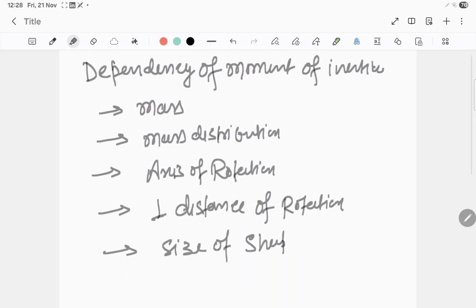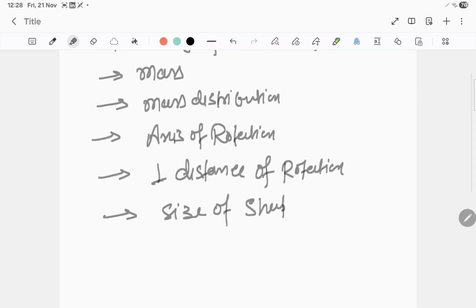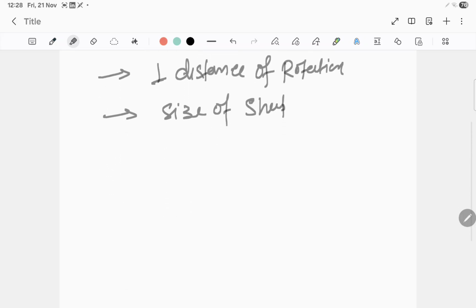Now we will define each term: how moment of inertia depends on mass, mass distribution, axis of rotation, perpendicular distance, and size.